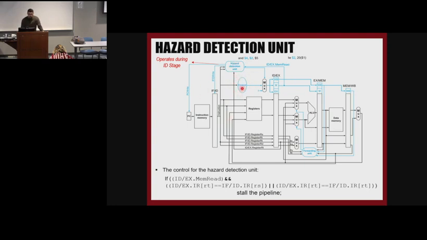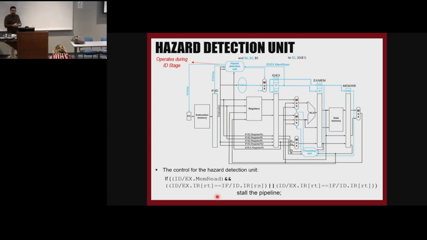So to fix this problem, we mentioned that we place a hazard detection unit in the decoding stage. So this is fetch, this is decoding, right? At the decoding stage, when we decode the instruction, we will find this type of dependency by checking the pipeline's IF/ID and ID/EX. We compare the RT and RS in these two pipelines, and we find the dependency of the load word.